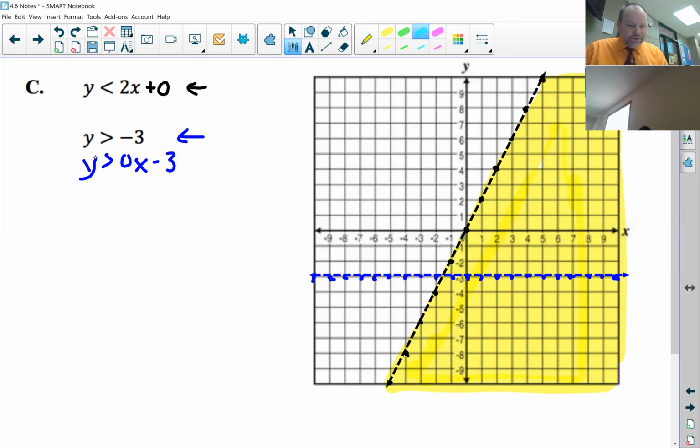Our inequality is greater than. Greater than means shade above.